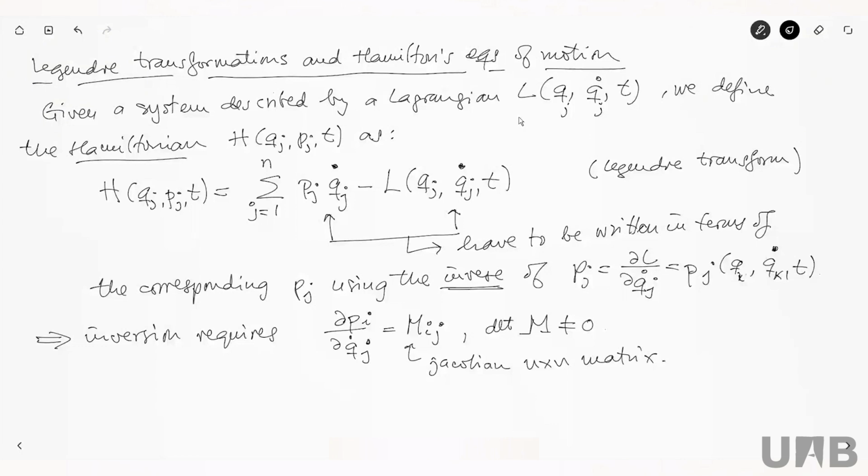Then we're not going to write down a Hamiltonian either, okay? But if the system is described by a Lagrangian, then this is the definition of the Hamiltonian. And now we're going to see what the equations of motion are in terms of the Hamiltonian, okay? So let's do that. The equations of motion.